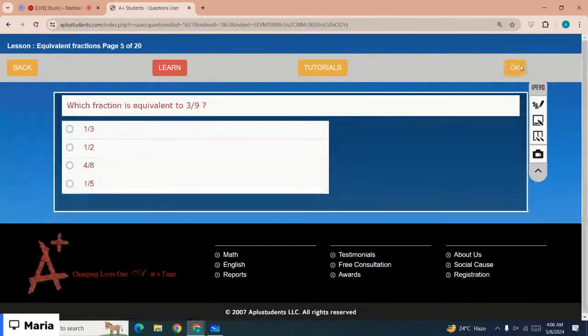What fraction is equivalent to 3 over 9? Which is the correct option?